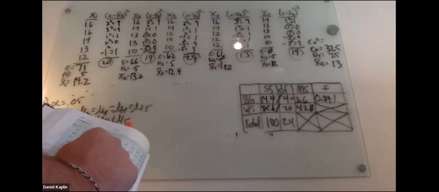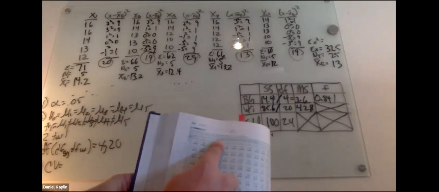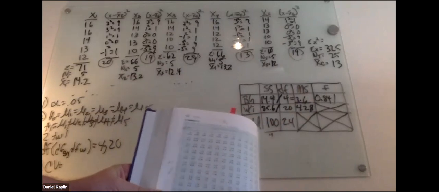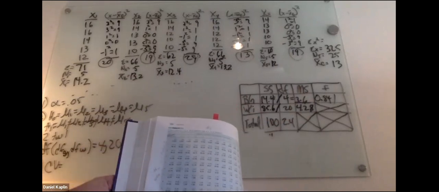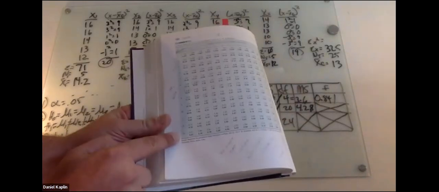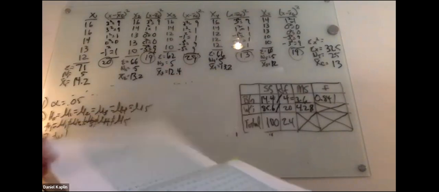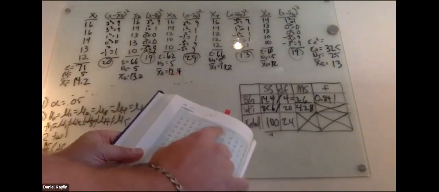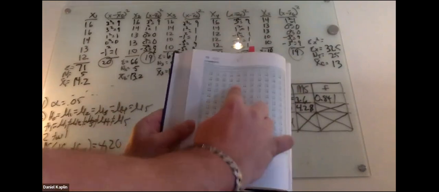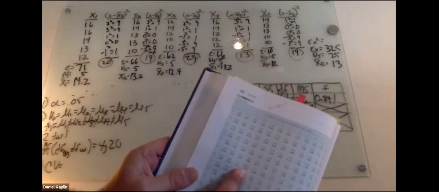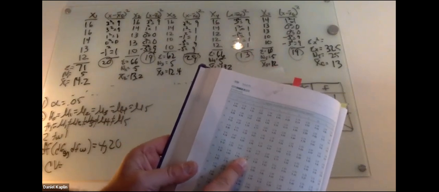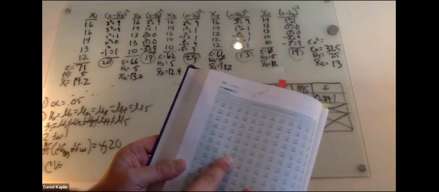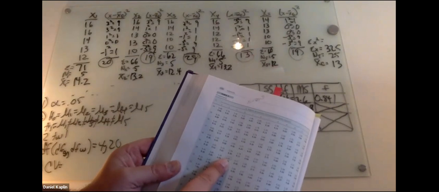So what are my degrees of freedom between groups? I go to 4 across, then go down to 20. Now, down this page, it goes only to 13. So what am I going to have to do? I'm going to have to turn the page, and then, oh, I found it. So we go across to 4, go down to 20, and I boxed it. It's 2.87, our critical value.